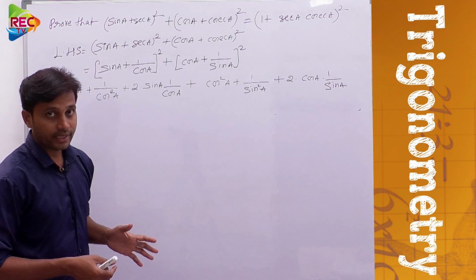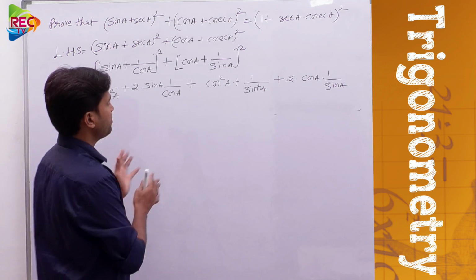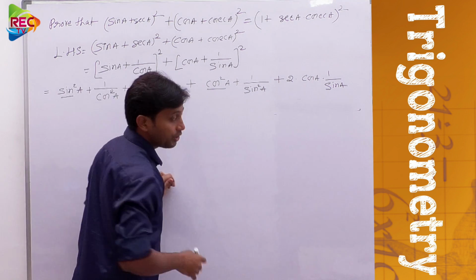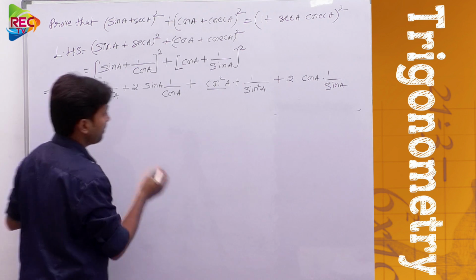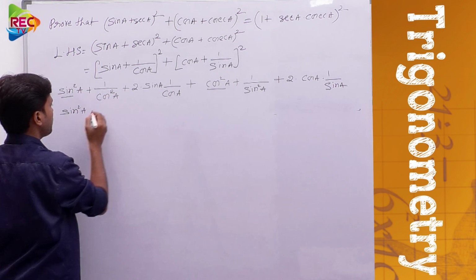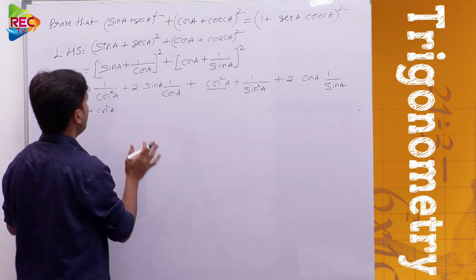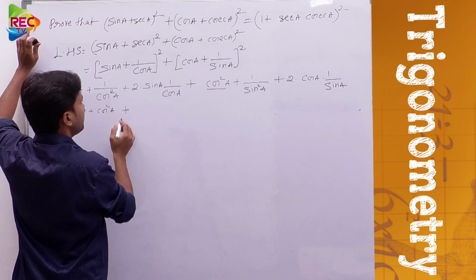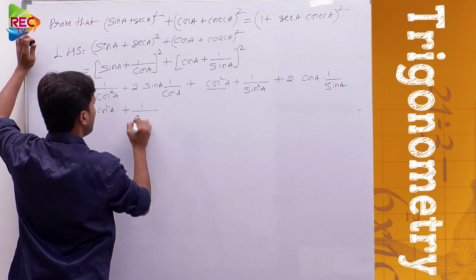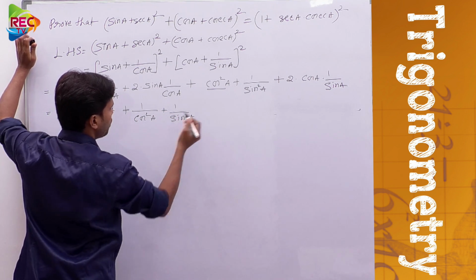Now in order to solve that, we have to group some terms. Here we can group sin square A and cos square A together, because we will obtain an identity. So here this is sin square A plus cos square A. Then we go for 1 by cos square A and 1 by sin square A and group them together: 1 by cos square A plus 1 by sin square A. We grouped it.